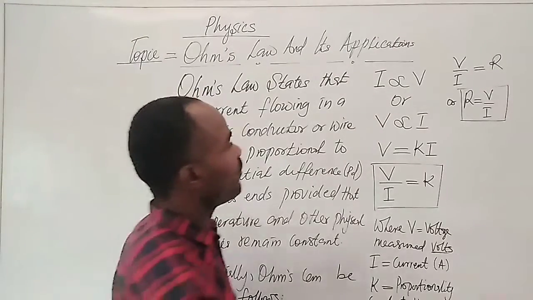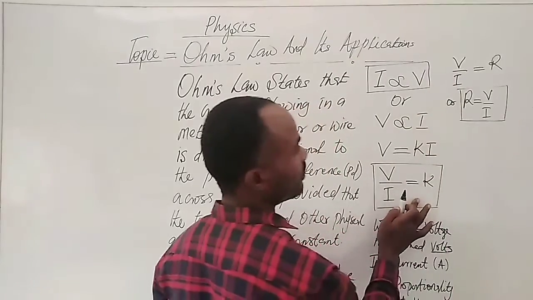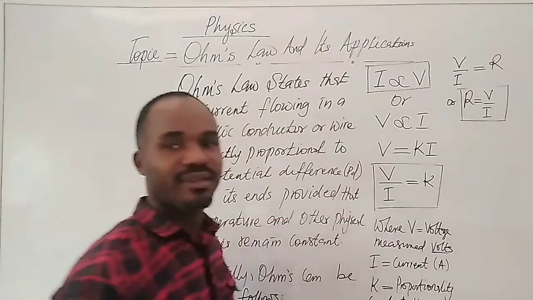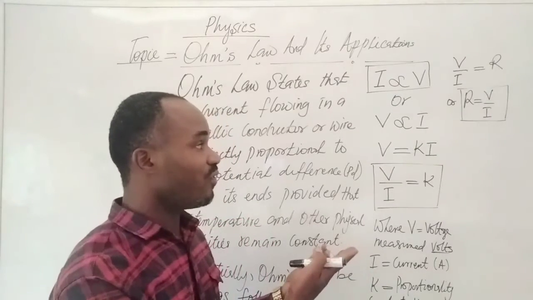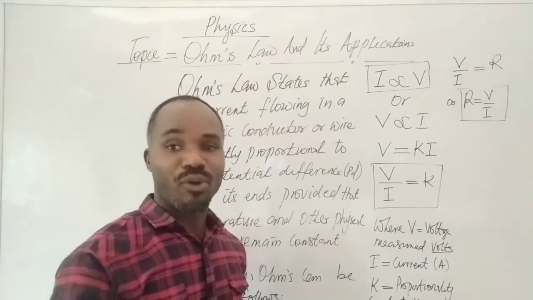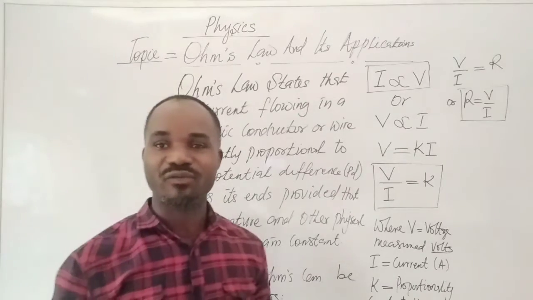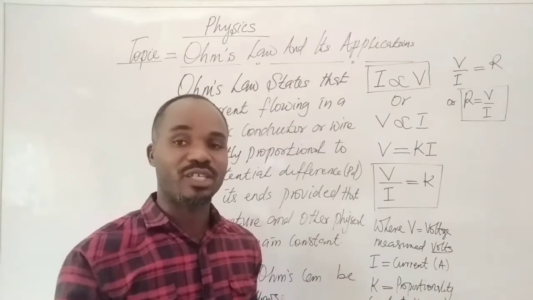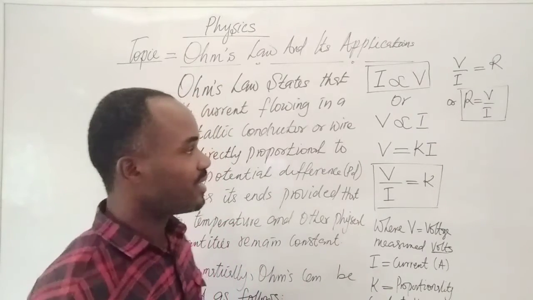We have relation 1, the first statement, relation 2, and relation 3. Actually, if we plot the values of V against the values of I, the slope of the relationship is the resistance of the circuit.